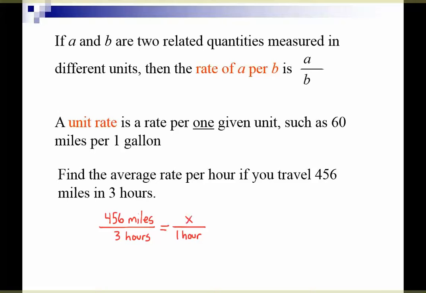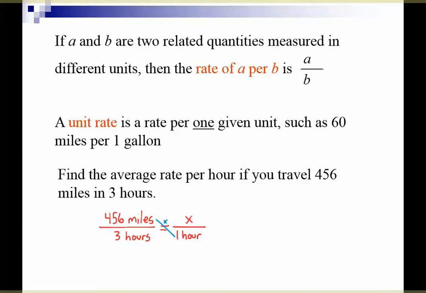Okay, and so hopefully you remember how to solve these things. When you have a proportion, if you want, a quick trick is to look at the two corners that you already know, and those you can multiply. You might have heard of cross multiplication. It's kind of what we're talking about here. So 456 miles times 1 is just going to give you 456.